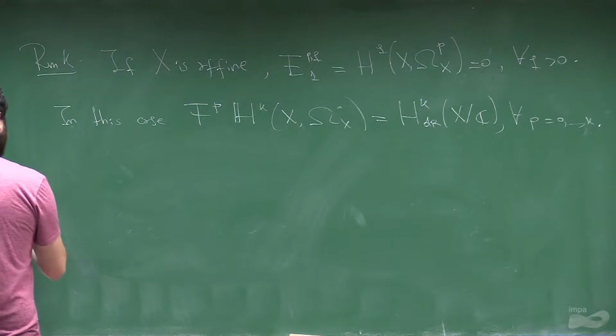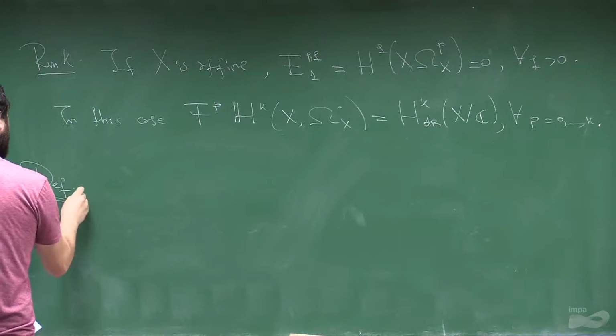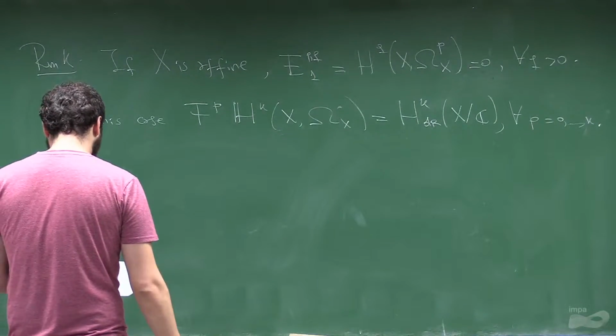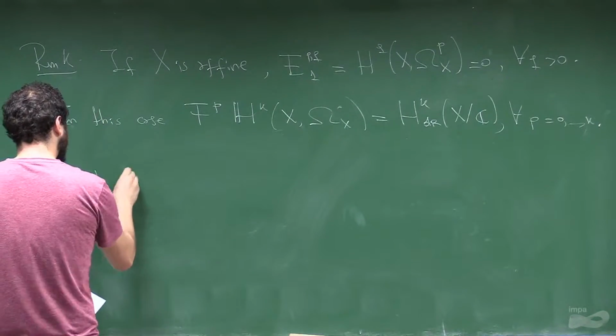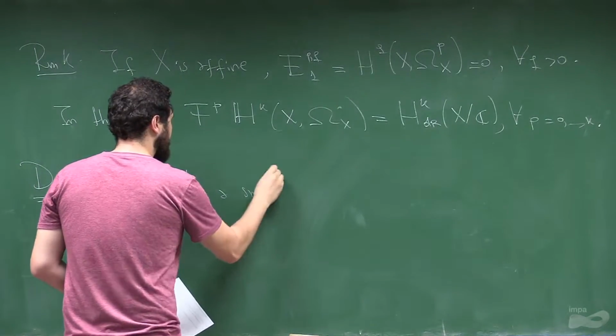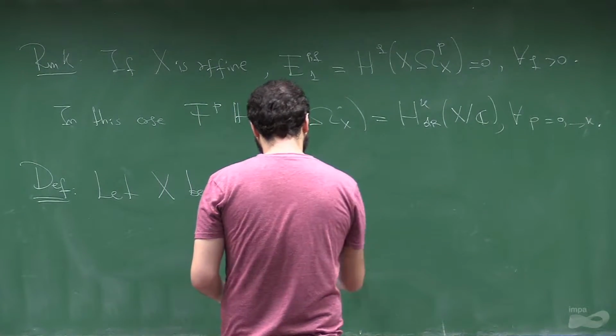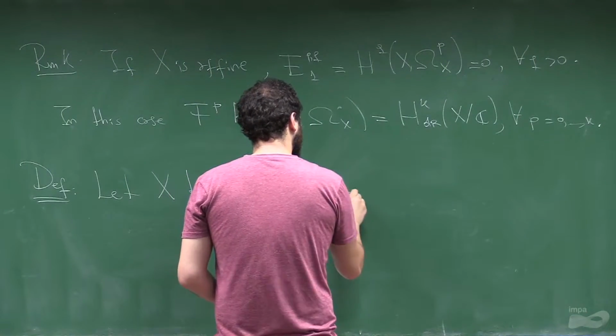So in order to do that, I have to introduce a map. So let X be a smooth projective variety.